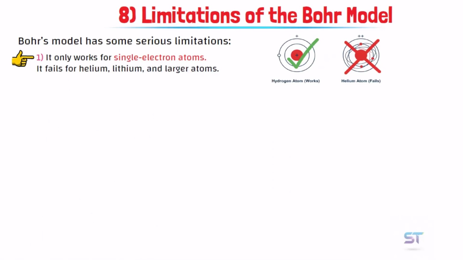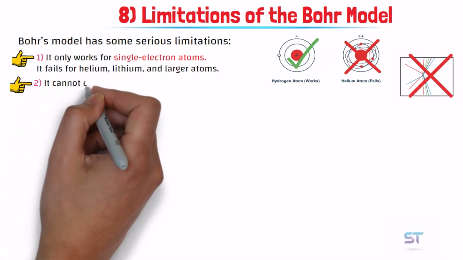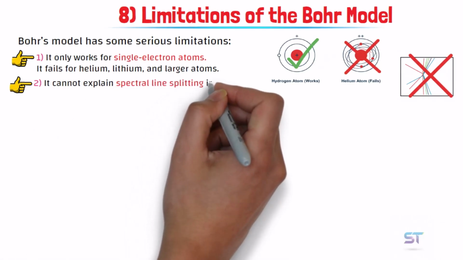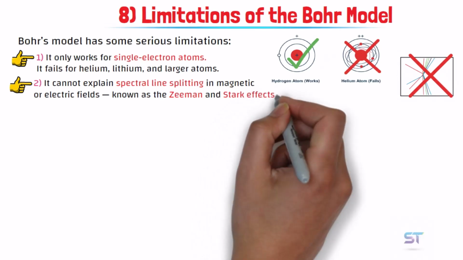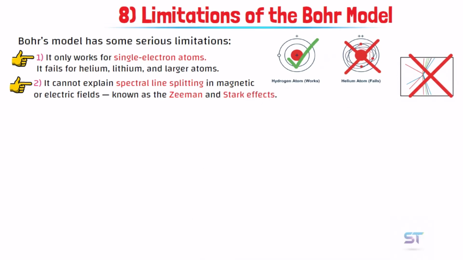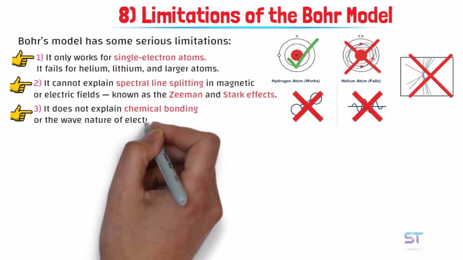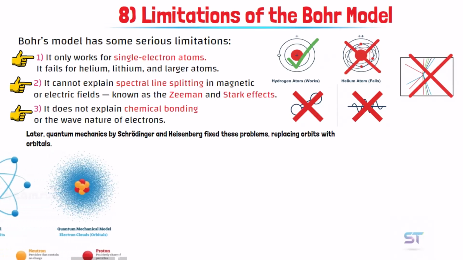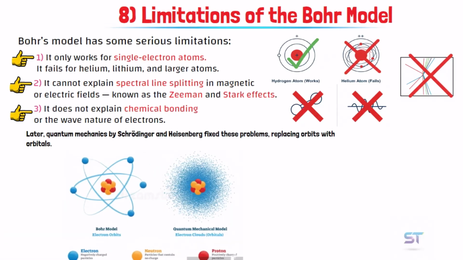Second, it cannot explain spectral line splitting in magnetic or electric fields, known as the Zeeman and Stark effects. Third, it does not explain chemical bonding or the wave nature of electrons. Later, quantum mechanics by Schrödinger and Heisenberg fixed this problem, replacing orbits with orbitals.